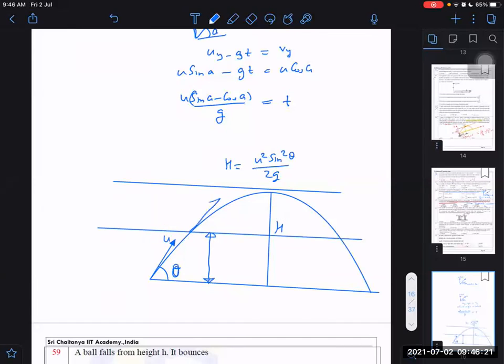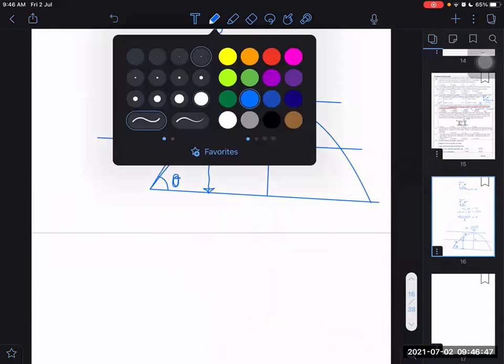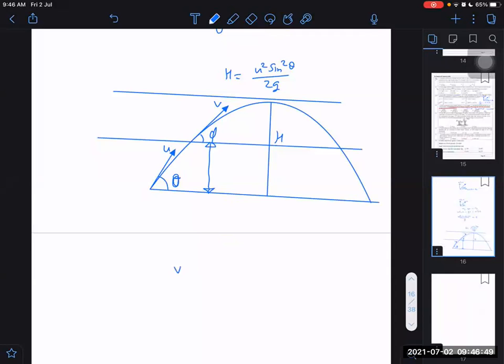After getting h by 2, what do we need to do? We can write v. Let us say this angle is phi. I think we can use the formula v square minus u square is equal to 2g into h by 2.